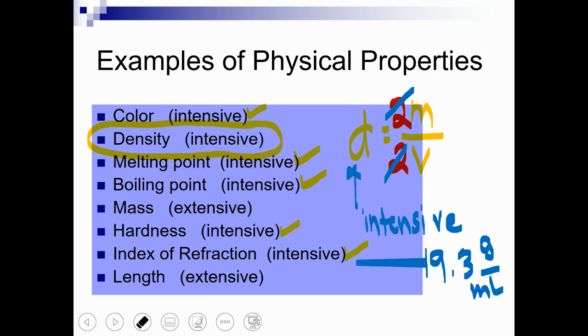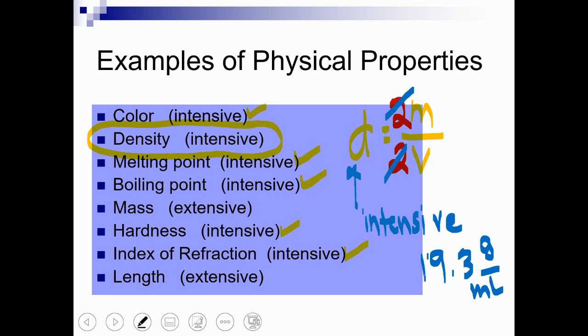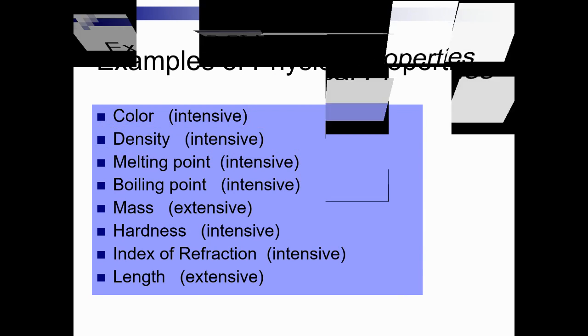So if they had indeed had pure gold, this would be the density. And that's how they separated it when they're panning for gold. It would go to the bottom of the pan. And that's how they identified and certified that it was pure gold, using that density. So hopefully that helps you to sort out the difference between intensive and extensive.